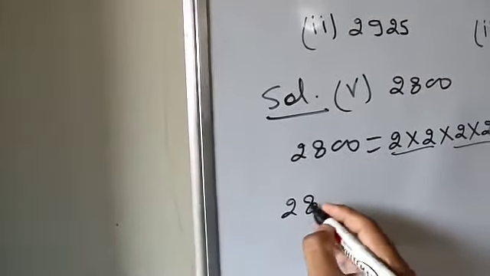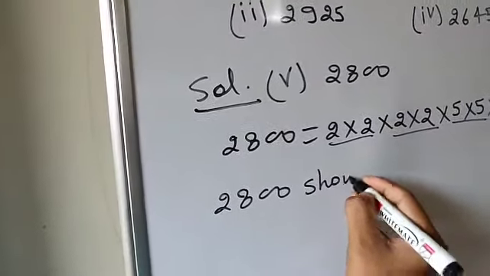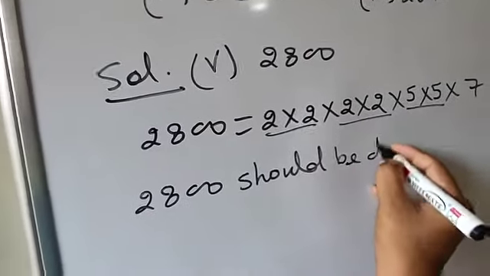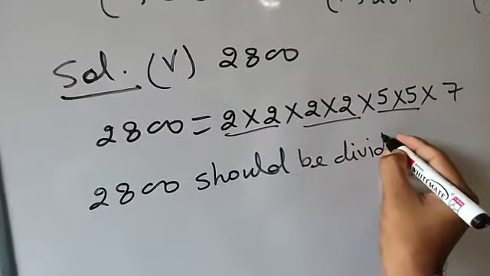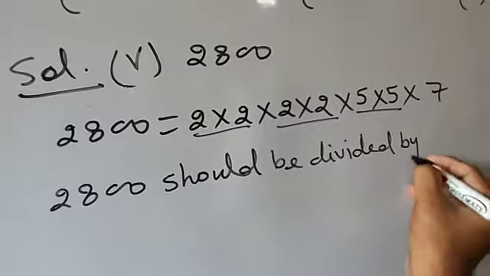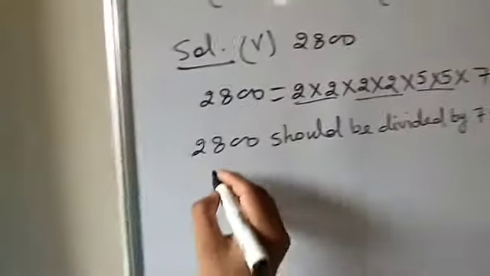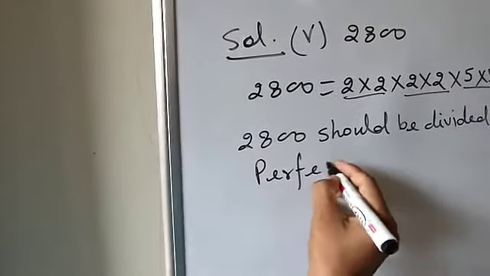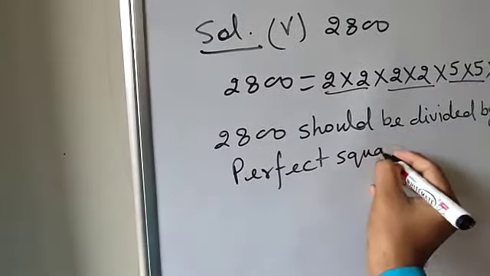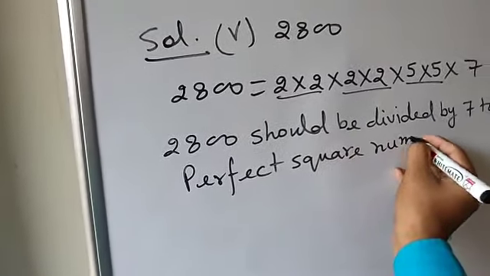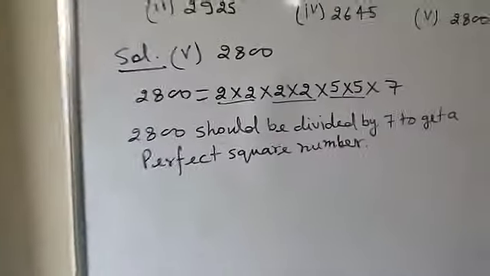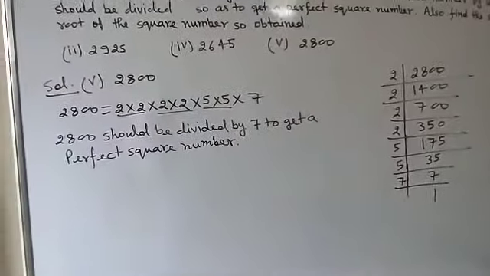So here you will write 2800 should be divided by 7 to get a perfect square number. So here this number should be divided by 7.